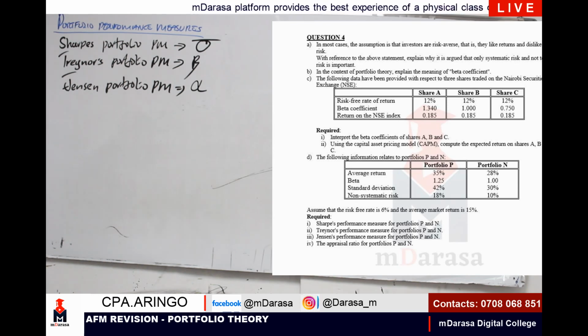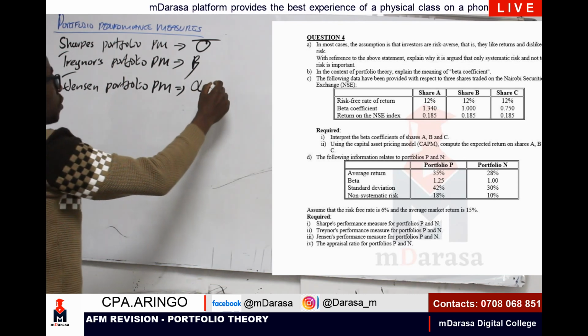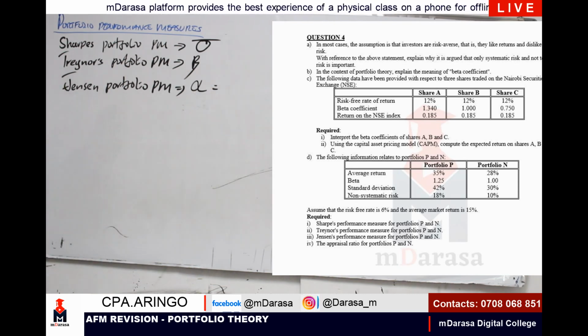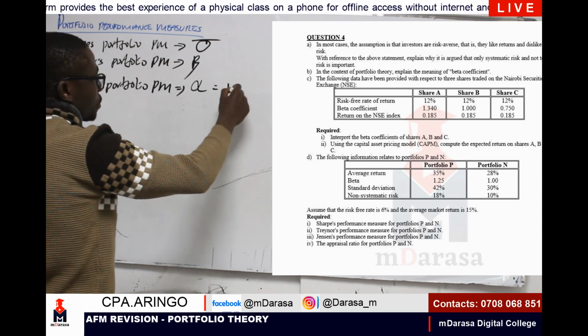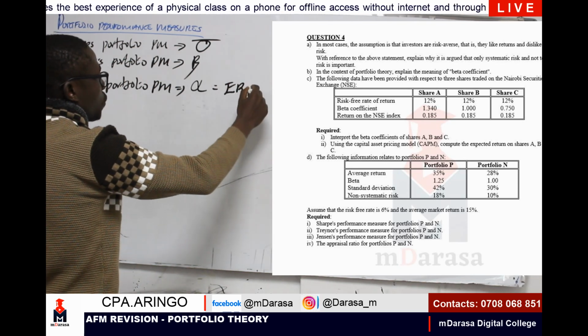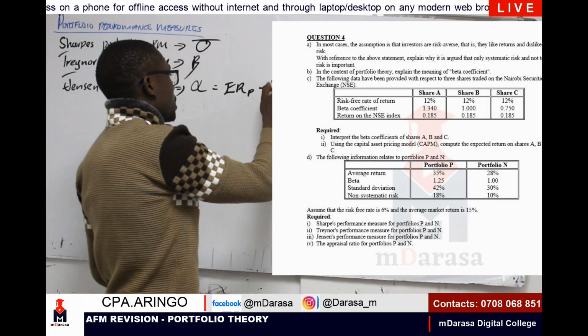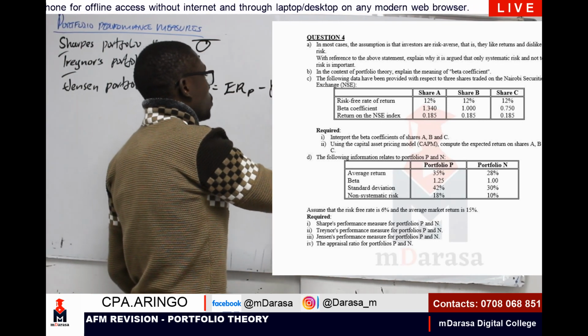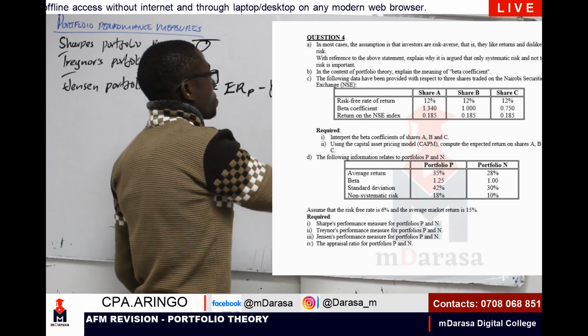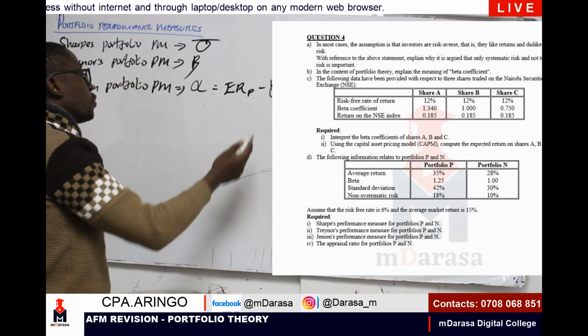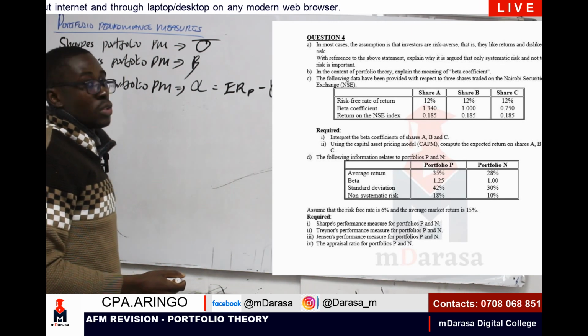For alpha of a portfolio, it is very simple: we are talking about the expected return of the portfolio or the security that you are looking at, less the required return from CAPM.